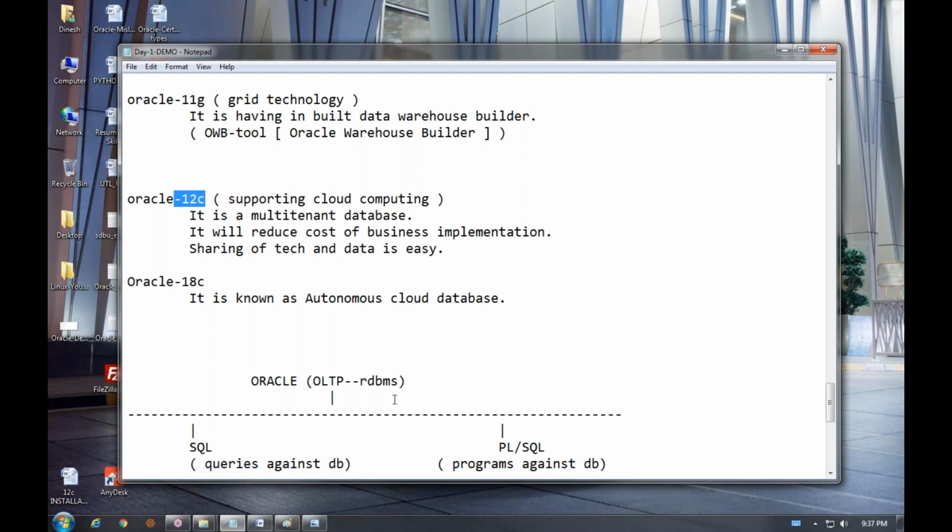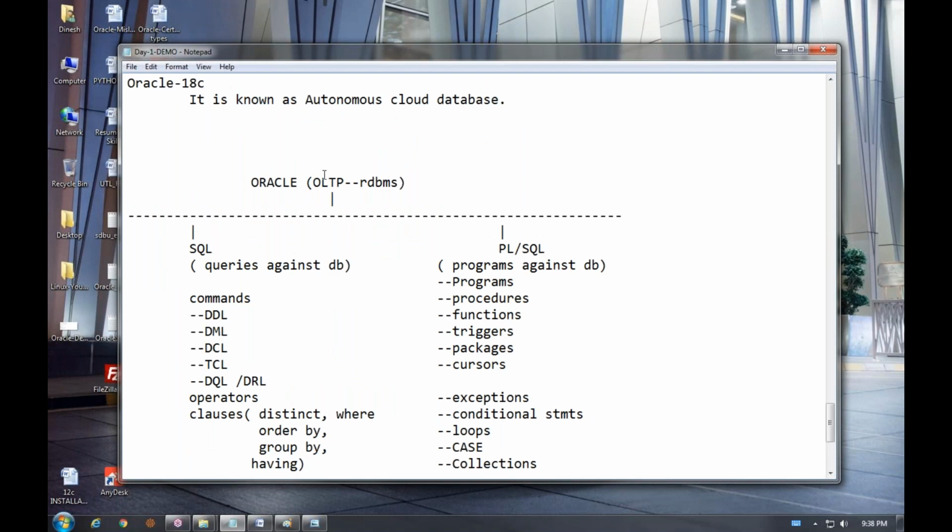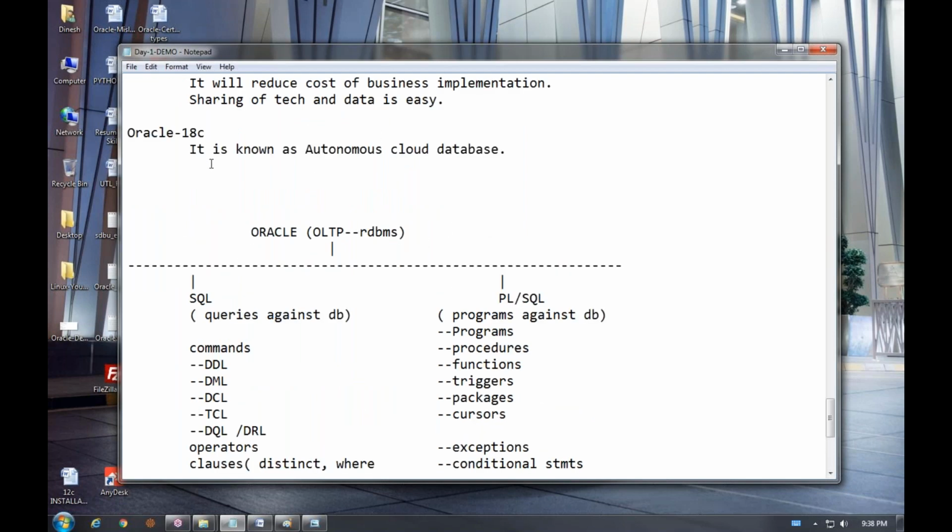You are maintaining your database as a cloud, which means you are the sole owner of your cloud. So there are more and more responsibilities for the DBA. The DBA is supreme for the cloud. If anything goes wrong, he should be responsible. Anyway, now we are discussing Oracle 12c in our training.